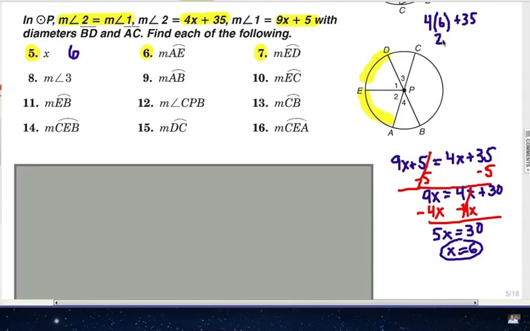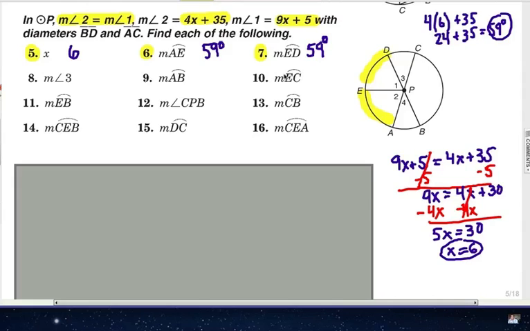And that's going to be 24 plus 35, which is 59. Pretty easy. All we had to do is substitute in 59. Now it turns out that arc ED right here comes from central angle 1, and we know that's the same. So we got off pretty easy here with these questions, but again, this is the first video of this series and a viewer challenge here.